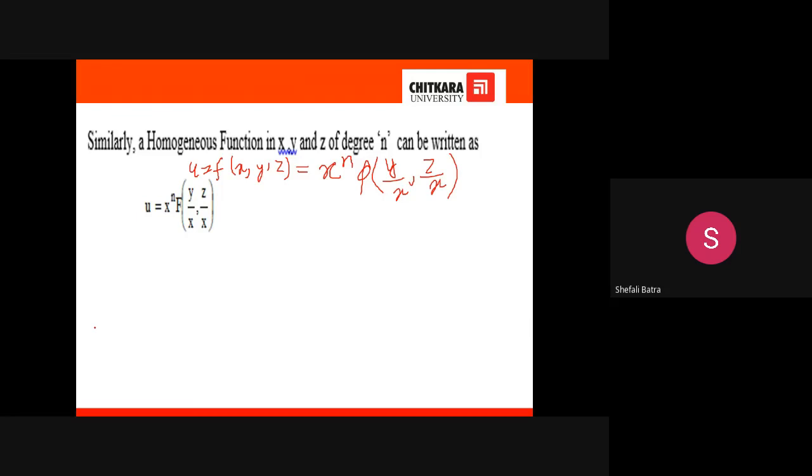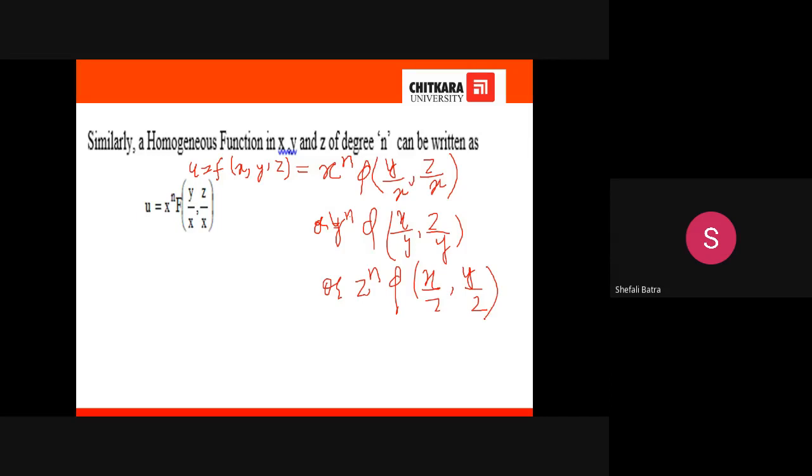Or if I'm taking y outside, it would be y power n function of x upon y, comma, z upon y. Or if you are taking z outside, then z power n function of x upon z, y upon z.